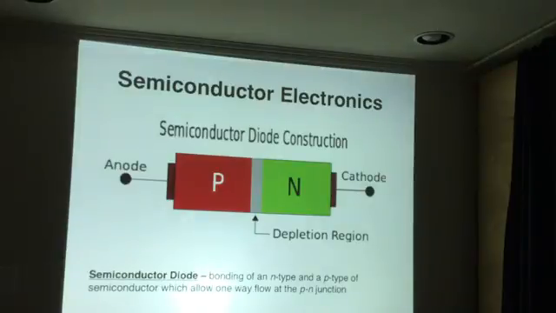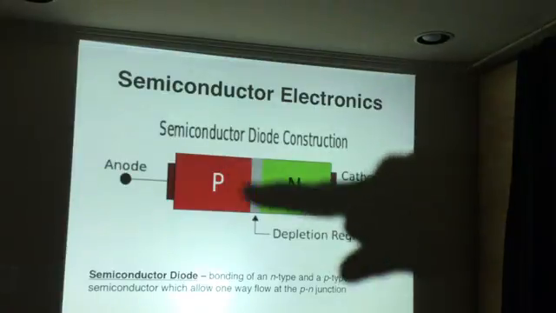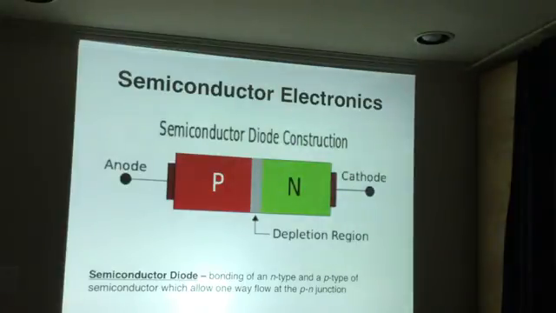So the semiconductor diode is formed by bonding together an N-type semiconductor and a P-type semiconductor. And by doing this, you allow for one-way transmission of electrons in this direction from N to P. And it essentially gives you the same effect as you had with a diode, which has one-way transfer of electrons.